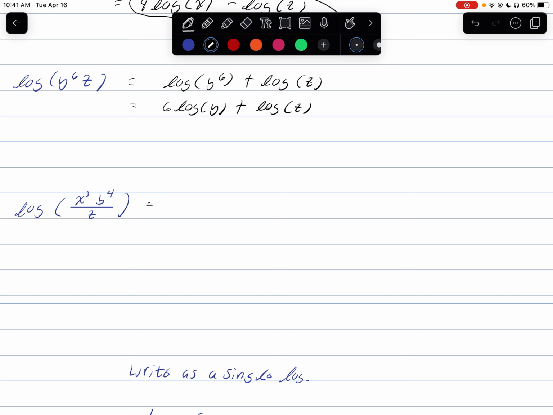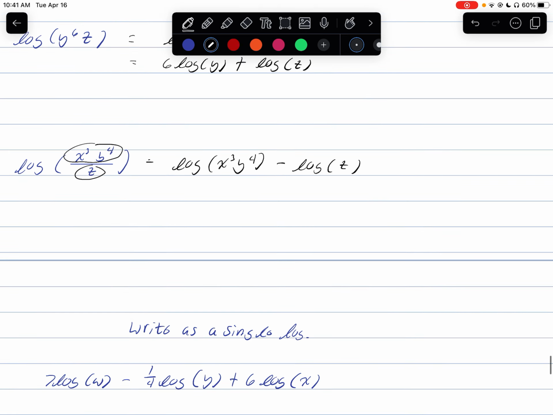So we can say that this is equal to log of x to the third, y to the fourth minus log of z. That comes from the fact that we have this quotient where this is our numerator, this is our denominator. So we can rewrite it as follows. Now we have this first term, log of x to the third times y to the fourth. We can write this as a sum because it's a product here.